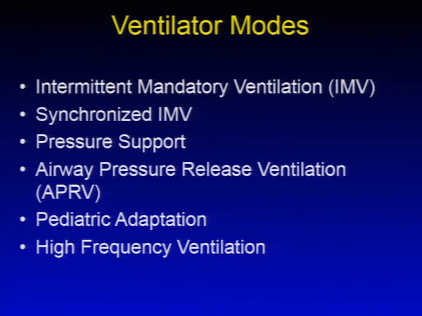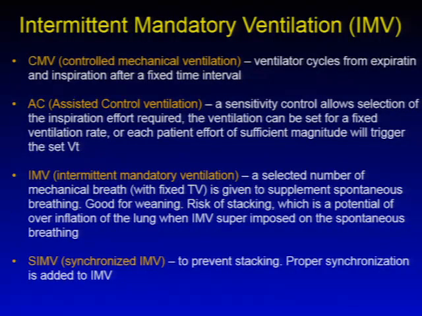There are a number of ventilator modes. IMV, intermittent mandatory ventilation, is as follows. For example, CMV, controlled mechanical ventilation: the ventilator cycles between expiration and inspiration at a fixed time interval, no matter what type of spontaneous breathing the patient may have.